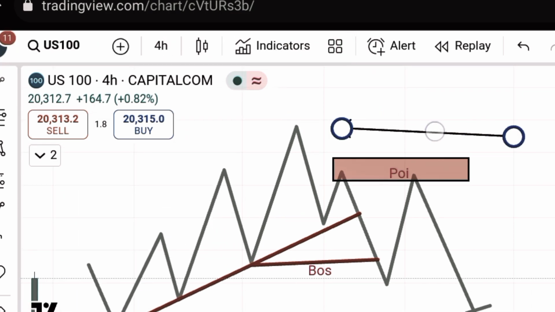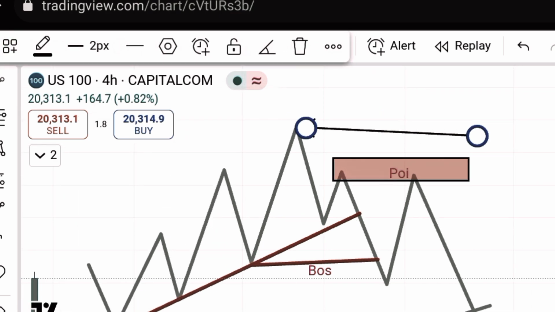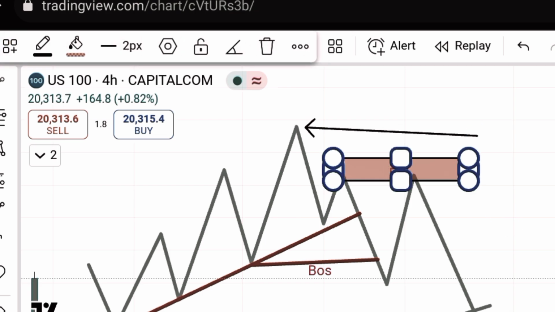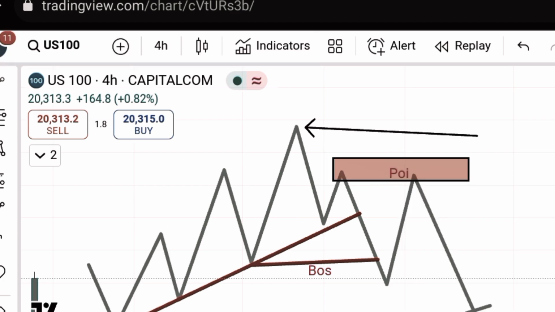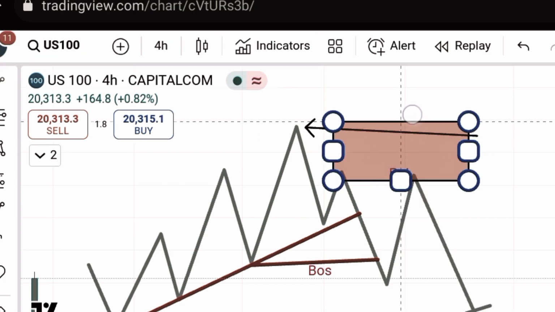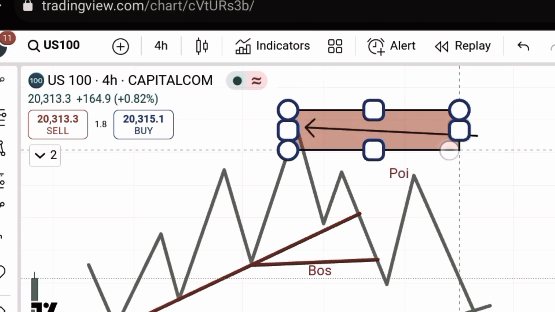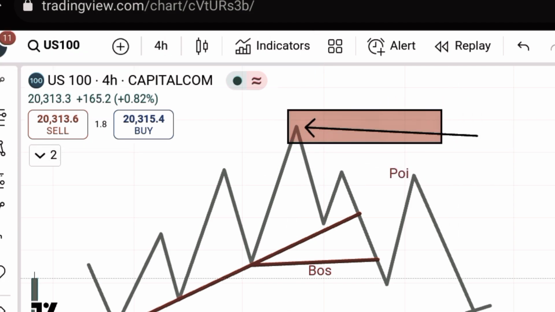So that is the second one, which means that this very one now, which is our POI, is no longer our POI. It serves as liquidity. This very point becomes our POI.